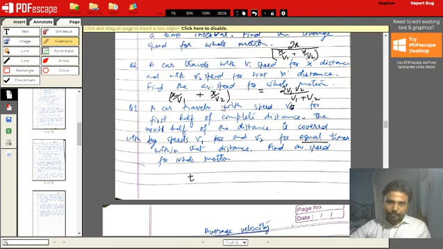So v1t plus v2t would be the distance covered in the second half of the motion, since the times are equal. So this should be equal to x.